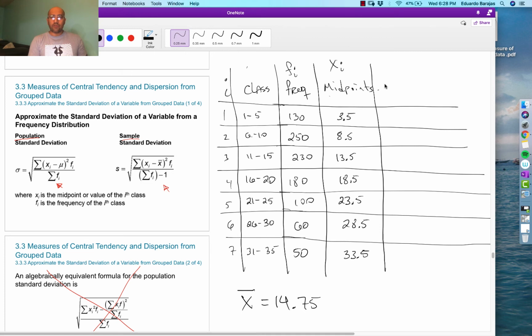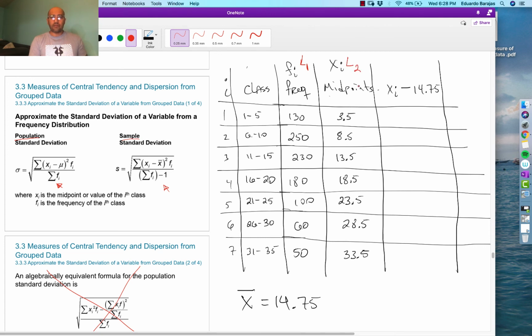So we're going to have to do x sub i minus 14.75 in this next column right here. And I'm going to use my calculator in a little bit to do that. So that means I'm going to start identifying what I need in my calculator. So I'm going to put these guys as list 1 for my calculator, and I'm going to put these guys as list 2.